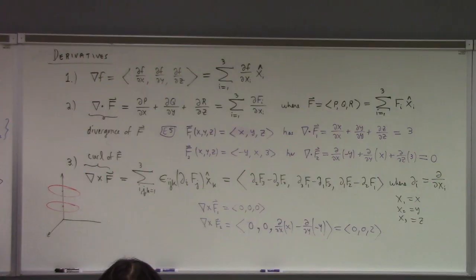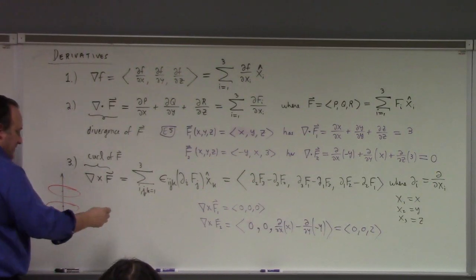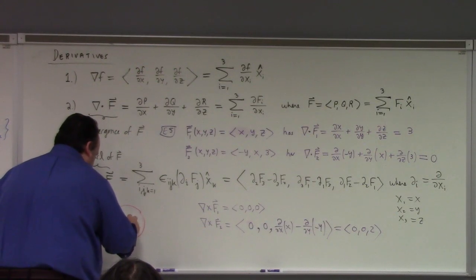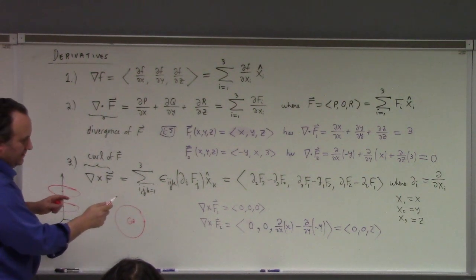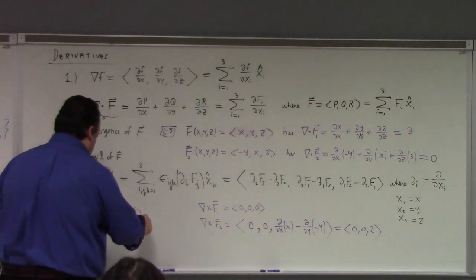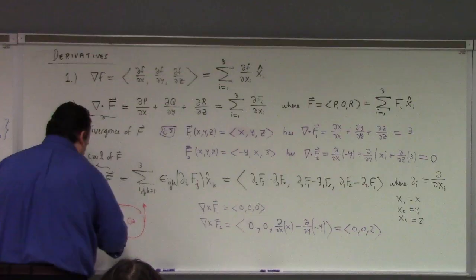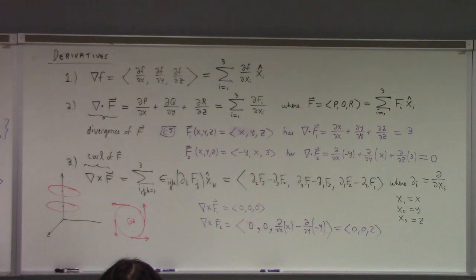And the way it's working, it's easier for me to do it like this. So here's the z-axis coming out at you. I think it's like this. Something like that.